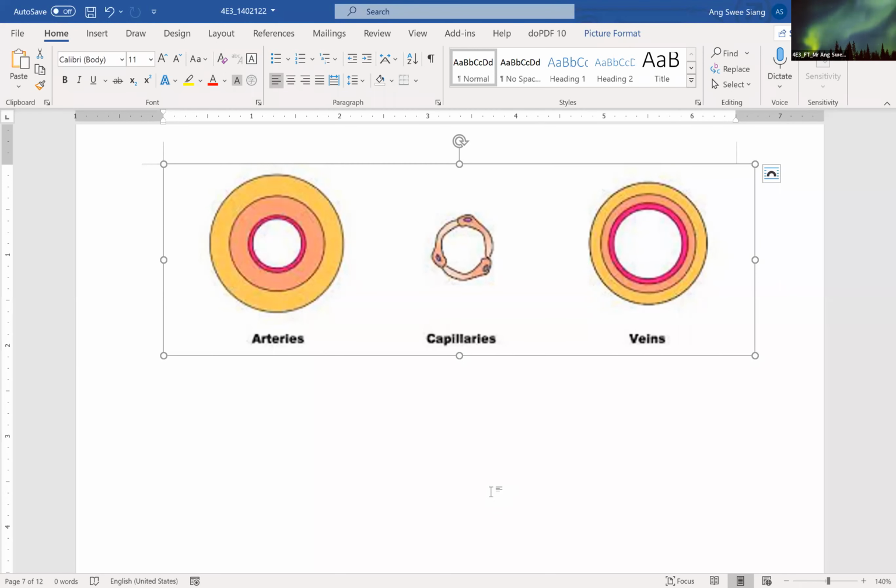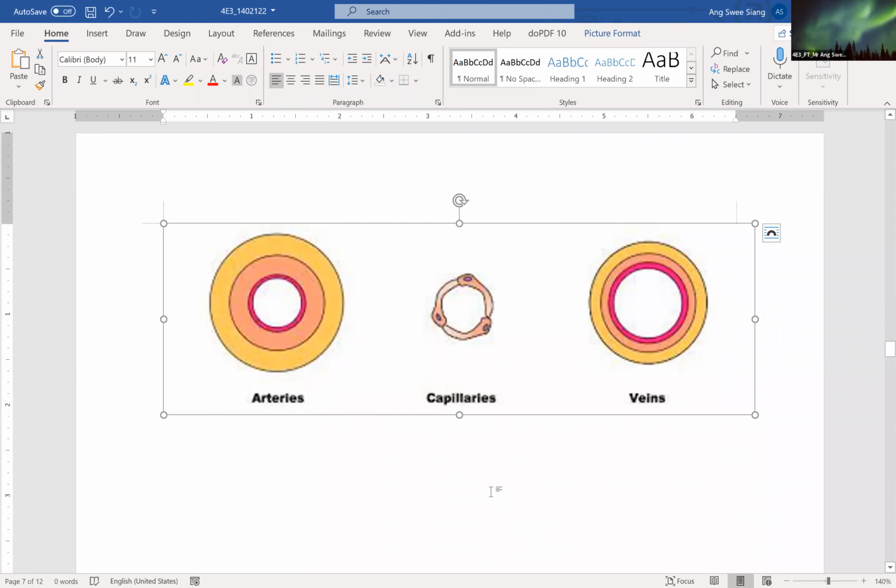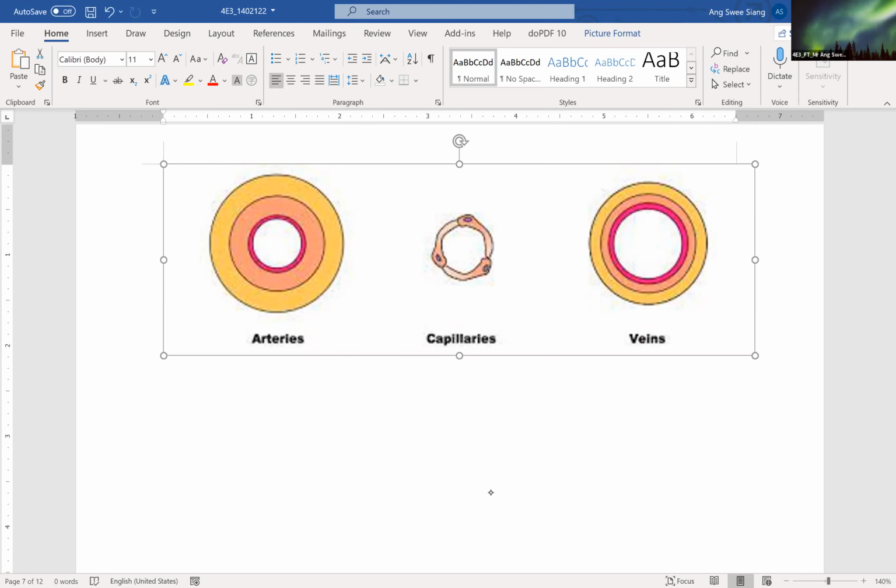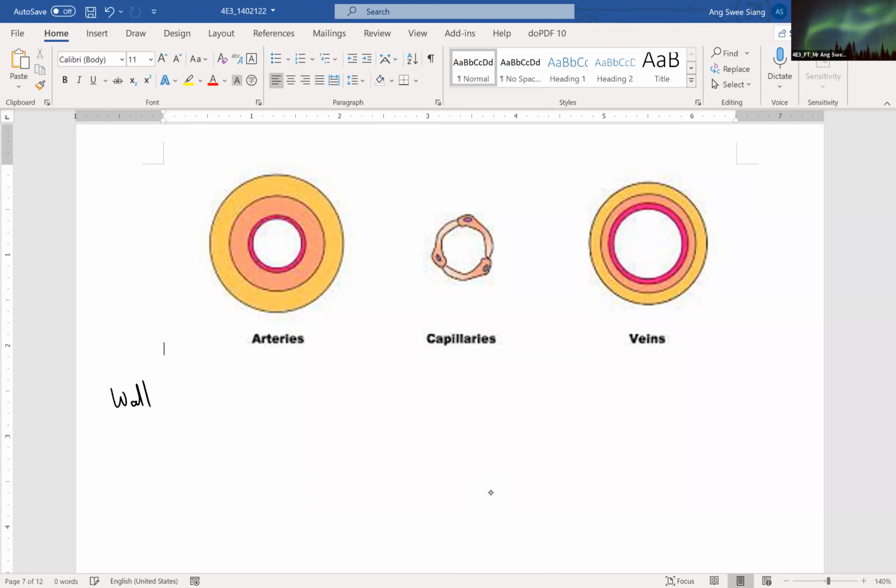If you look at these three, the cross sections of an artery, a vein, and a capillary, the first thing you notice is the wall. The artery has the thickest and most muscular wall. The capillary has the thinnest wall.